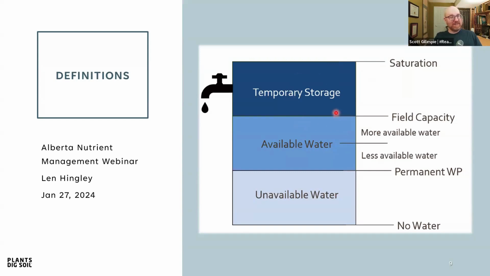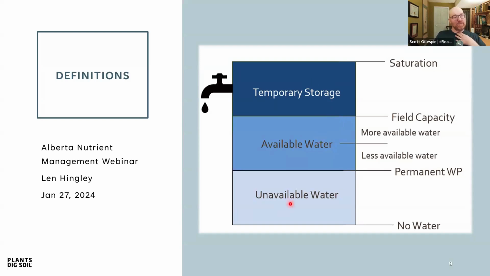At this point, Len called it the temporary storage. It's what it can hold momentarily, but gravity is pulling the water down. Available water is once that water has evened itself out, over a day or two.